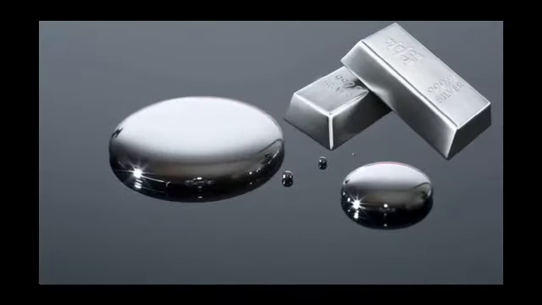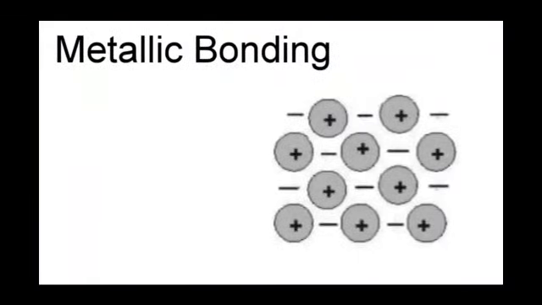Now, let's learn about another term, amalgam. Amalgam is also an alloy. When a metal is combined with mercury, it is said to be an amalgam. This alloy is formed by metallic bonding.